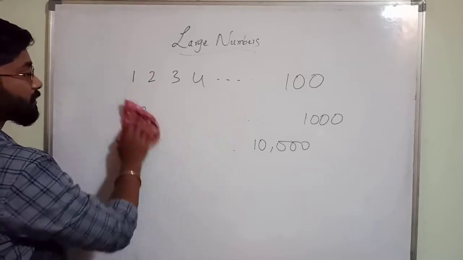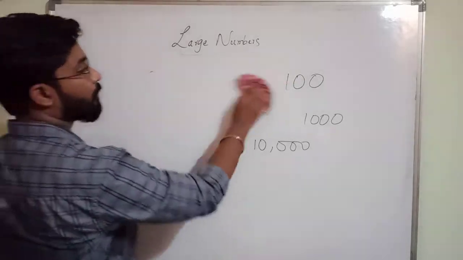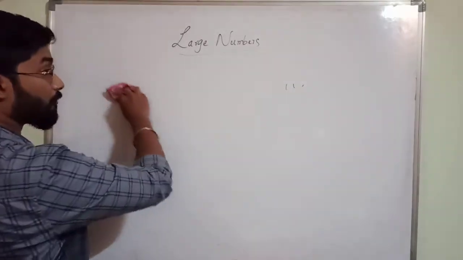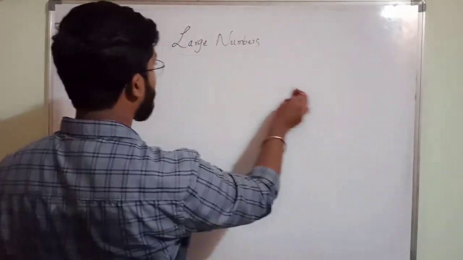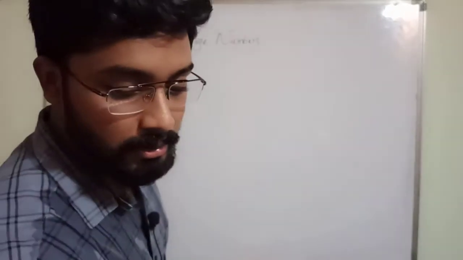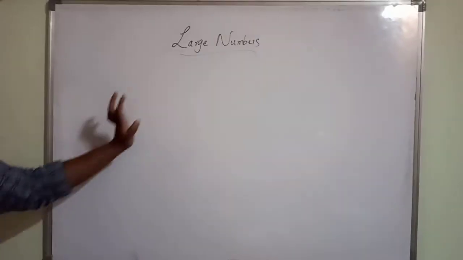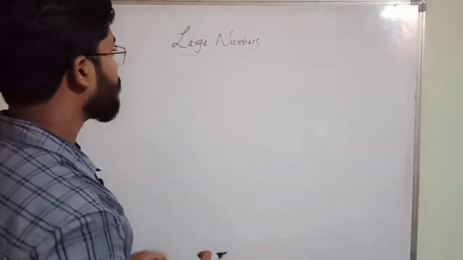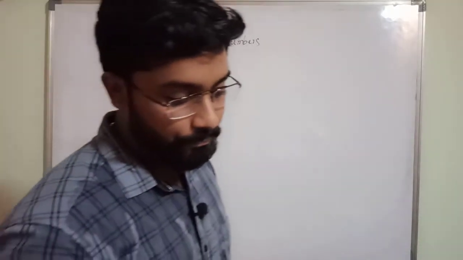How many digits can a number contain, and after 10,000 what is the number, after 1 lakh, after 1 crore. These are the large numbers which are very useful in our daily basis, in our regular life. So let's discuss them.